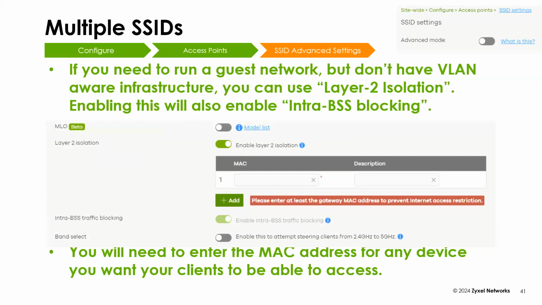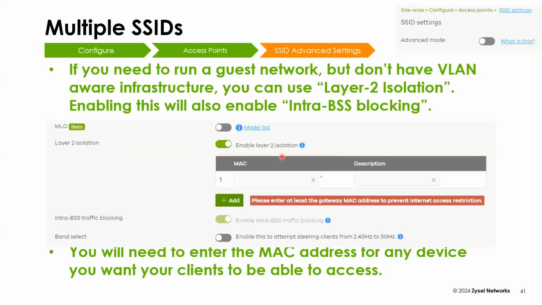A very common problem we run into is your customer wants to provide guest Wi-Fi access, but their existing infrastructure doesn't support VLANs and they're cheap and they don't want to upgrade their network to be able to support VLANs. So what do you do? With Zyxel, the answer to that is we offer a feature called Layer 2 isolation that you can enable on a specific SSID.